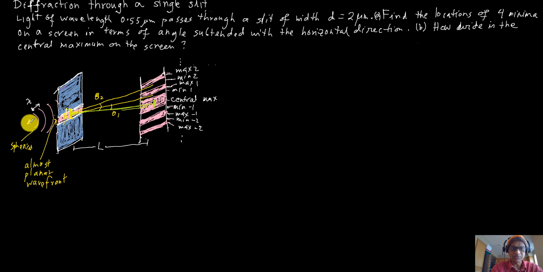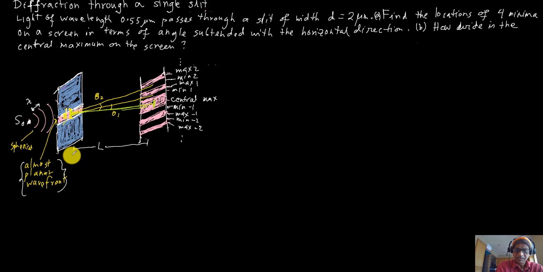So here is a source, ultimate source, and it's far away. So this is what is called Fraunhofer diffraction. So this is also far away. So when it hits here, we're going to have almost planar waves. If it's not almost planar, then some of the formulas that we're going to use are not really applicable.